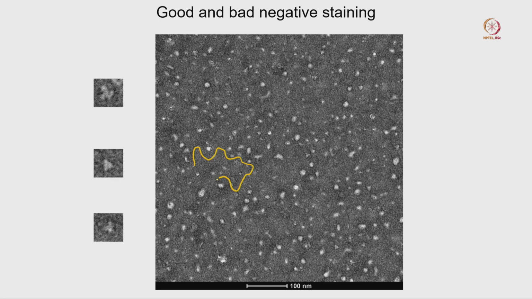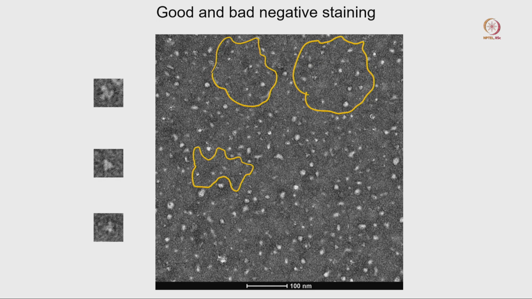So this background is basically very thick. Even this other area also. Overall this background is very thick, too much stain is deposited, and that is the reason it looks this black.